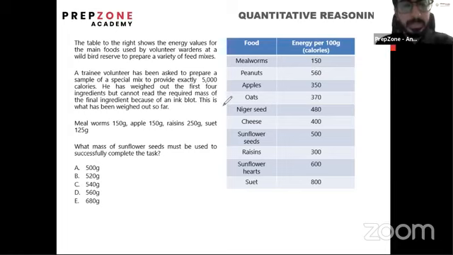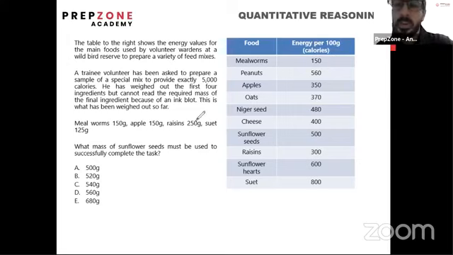Mealworm is 150 grams, and the calories are given per 100 grams. For mealworm, 100 grams is 150 calories.